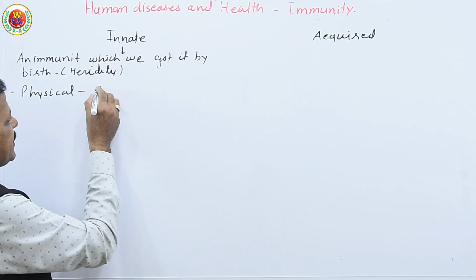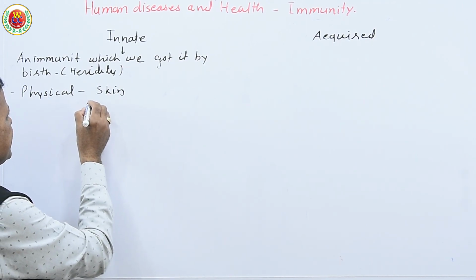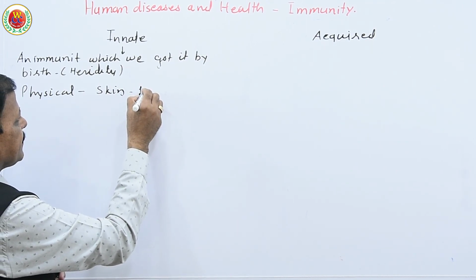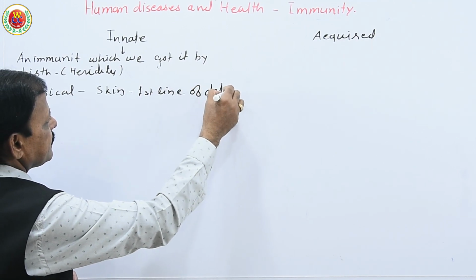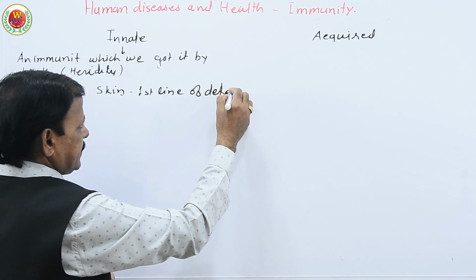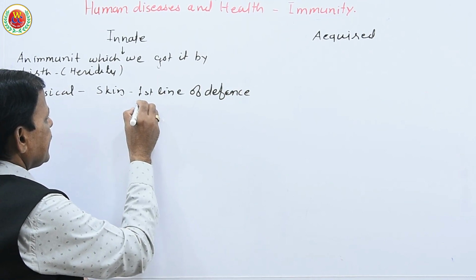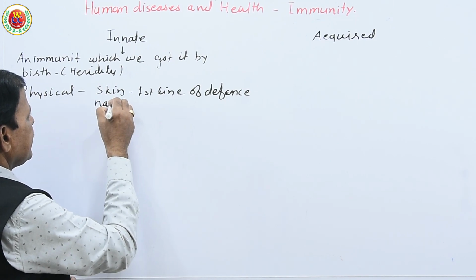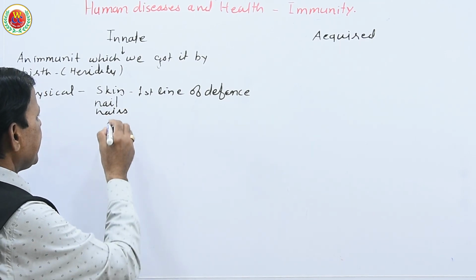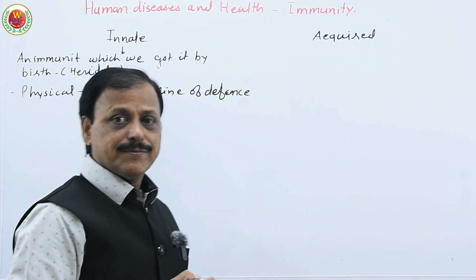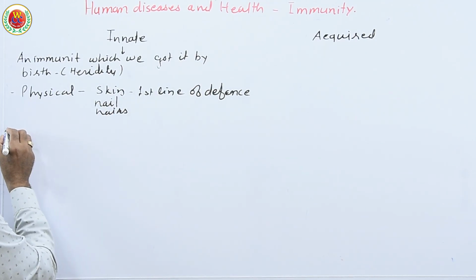So physical immunity is through skin, and it is the first line of defense. Along with skin, nails and hair also protect our body against pathogens. It is physical because they physically cover our body. Therefore, this is the first doctor.